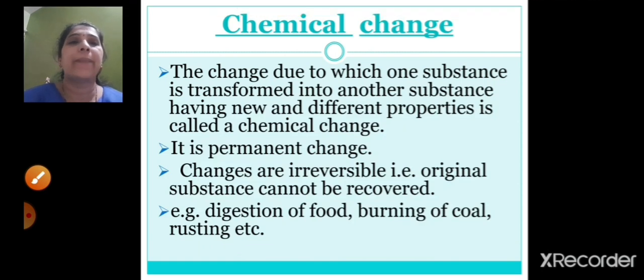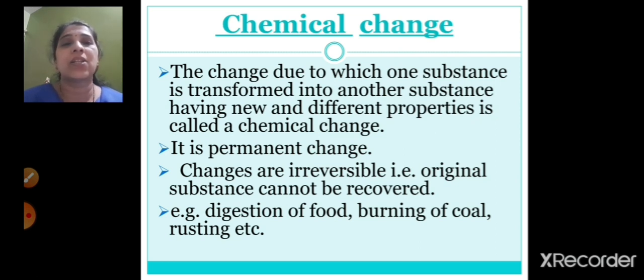Now, what is a chemical change? The change due to which one substance is transformed into another substance having new and different properties is called a chemical change. It is a permanent change. Changes are irreversible. That is, original substance cannot be recovered. For example, digestion of food, burning of coal, rusting, etc. So in chemical change, what happens?